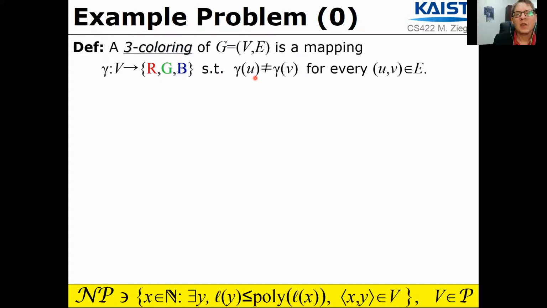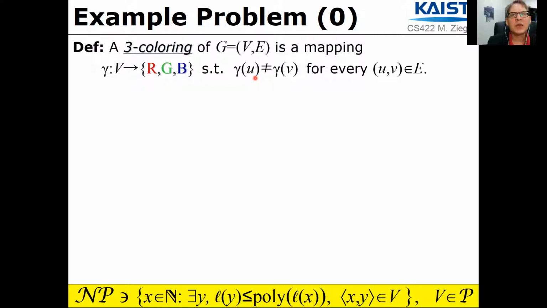And of course, we can always color a graph without monochromatic edge, provided that we have a sufficient number of colors, right? So if we have a different color available for every vertex, then we can simply color every vertex with a new color, and then there will be no monochromaticity at all in the entire graph, whether there is an edge or not.